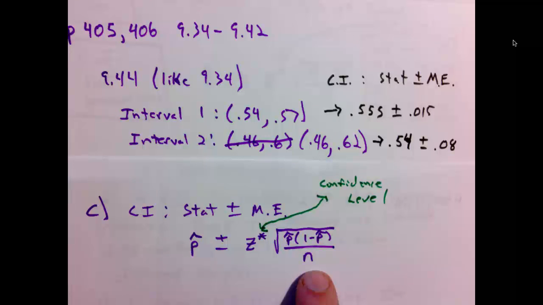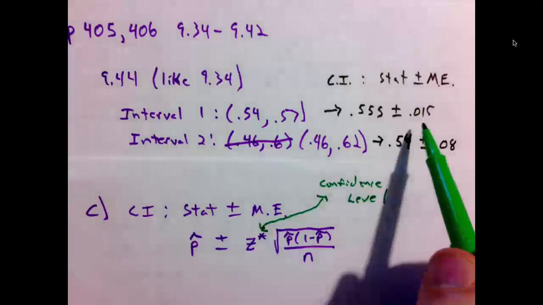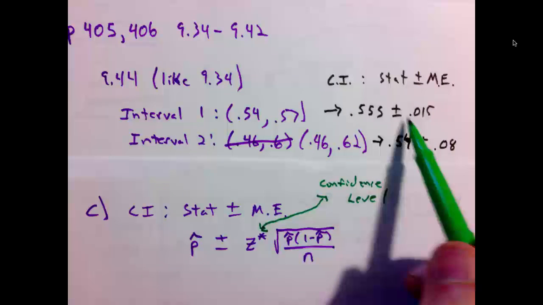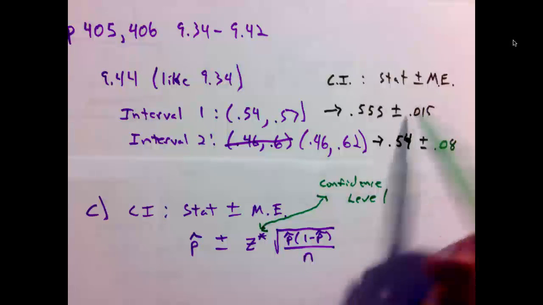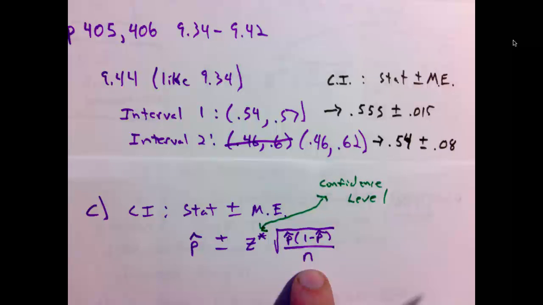When we increased the sample size, we decreased the spread. So since interval 1 has a much smaller margin of error, it must have had a much greater sample size, and that makes perfect sense. The more people we ask, the better we're going to estimate that population parameter.